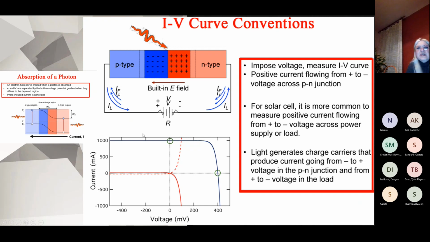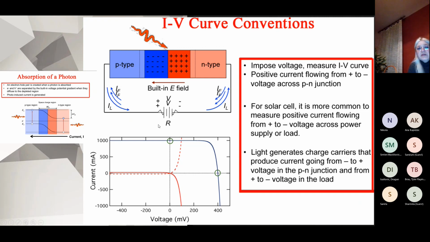And this is why we call it the positive current when they go from the positive to the negative way. But for a solar cell, it is much more common to measure the positive current flowing from the positive to the negative side across the power supply.